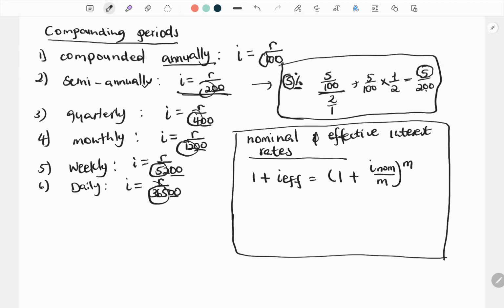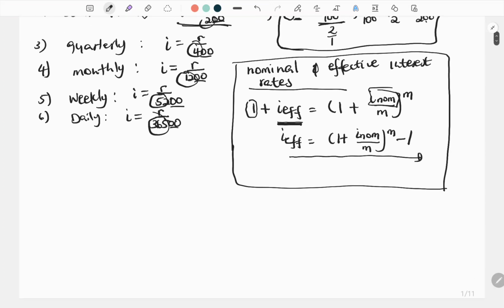You have to know this formula. This is the effective interest rate, and that is the nominal interest rate. When you calculate the effective rate, I effective equals 1 plus I nominal over m, then you take the 1 to the other side, then it becomes minus 1. Then you just punch it in your calculator.